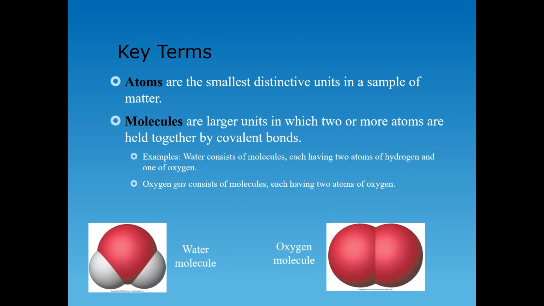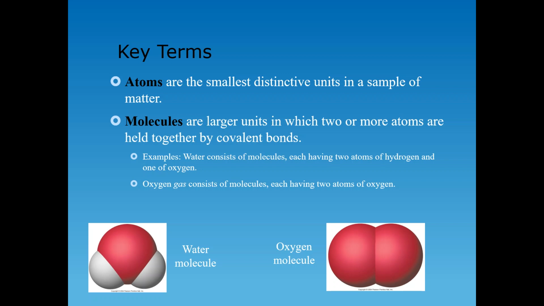Some other key terms you should have met before, as I said, in your high school or introductory chemistry experience. Atoms, these are the smallest distinctive units in a sample of matter. And then we have molecules, which are basically collections of atoms forming a unit, which is held together by covalent bonds.